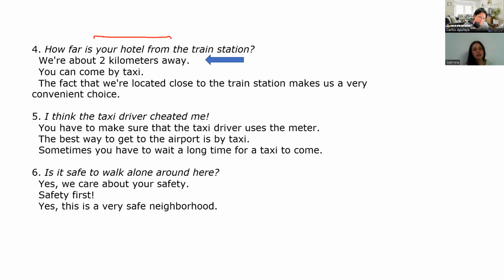You have to make sure that the taxi driver uses the meter. The meter, el medidor. Exactly. Let me show you the meter. I will look for an image. This is the meter.